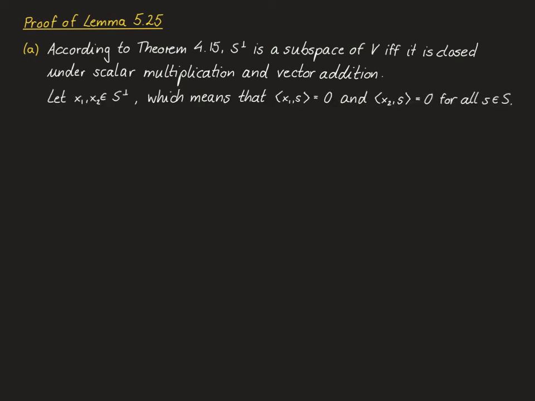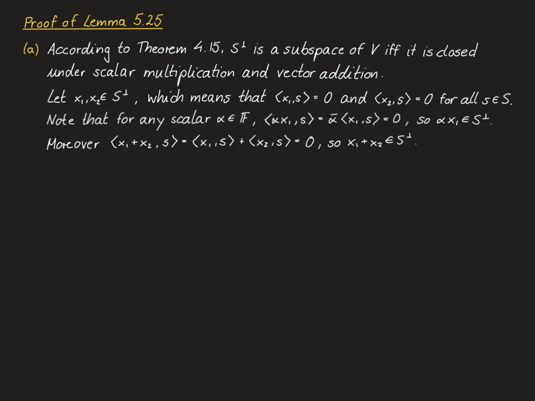So pick any two vectors x1 and x2 in S perp, which means that the inner product of x1 with s and the inner product of x2 with s equal 0 for all vectors s in the subspace S. Now note that for any scalar alpha, we have that the inner product of alpha x1 with s equals alpha bar times the inner product of x1 with s, which is 0 by assumption. So therefore this is 0, and hence alpha x1 is an element of S perp.